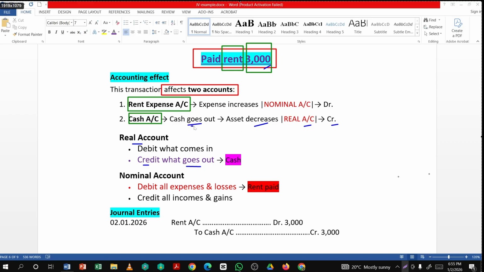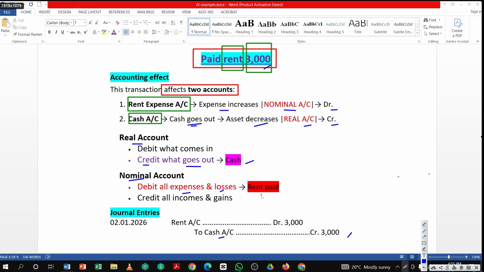Here cash goes out, so cash is credit. The transaction will be cash account credit 3,000 and expense increase. This is a nominal account. In nominal account, when expense or loss increases, this will be debit.